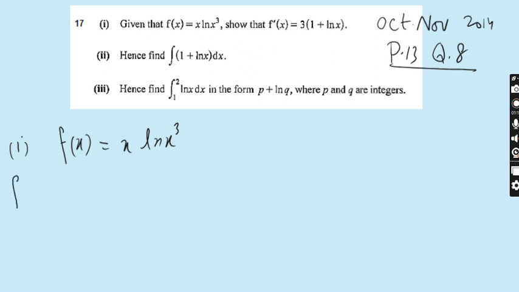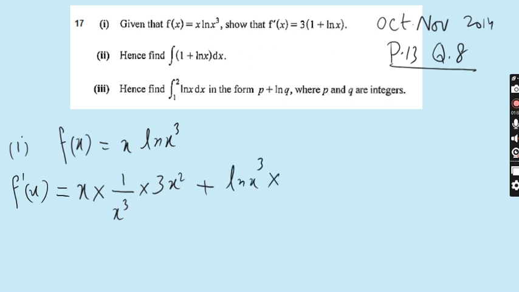F dash x means find the derivative of the given function. So we have to apply the u times v formula. Here u is x and v is ln x cube. So u times the derivative of v: the derivative of ln x cube is 1 upon x cube into the derivative of x cube, that is 3x square, plus ln x cube multiplied by the derivative of x, that is 1.